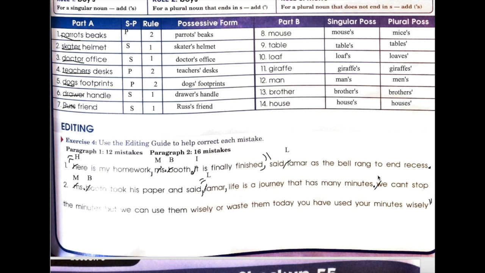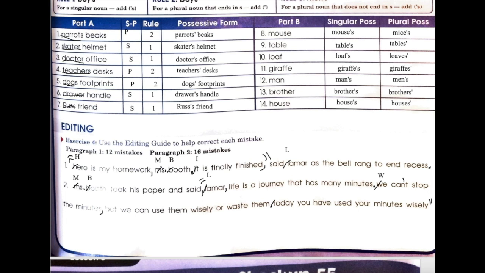Capitalize we. Can't, put in an apostrophe for the contraction. We can't stop the minutes. Put a comma after minutes because we have a compound sentence. We need a comma and a conjunction. Comma, but we can use them wisely or waste them, period.